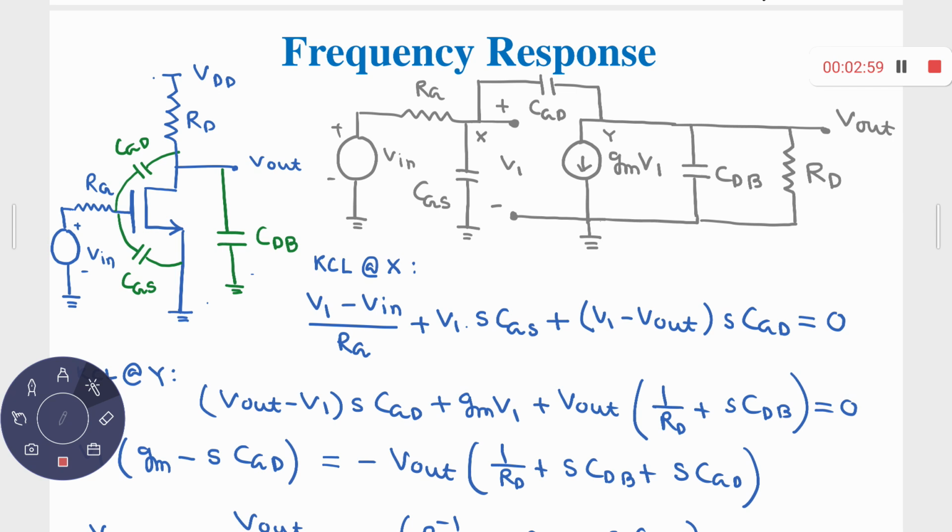Okay. And then if we perform KCL at node Y, once again you have 4 components: this current, this current, this current, and this current.